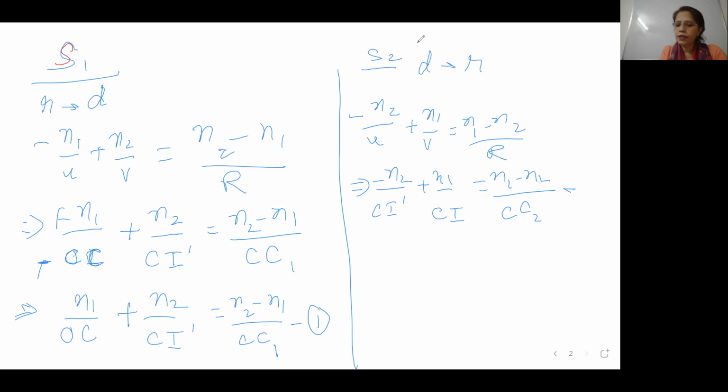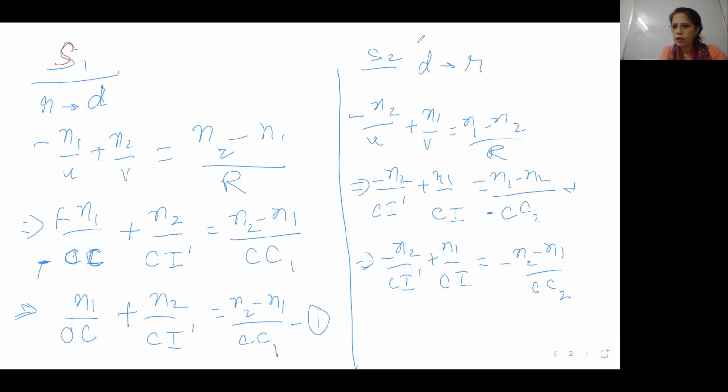Now this will be minus because it is on the left side. So this can again be rewritten as minus N2 upon CI dash plus N1 upon CI. After rearranging, it can be written as minus N2 minus N1 upon CC2.